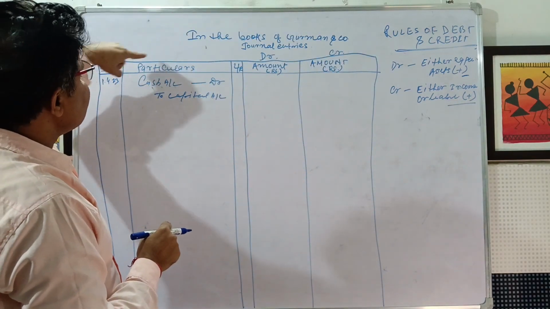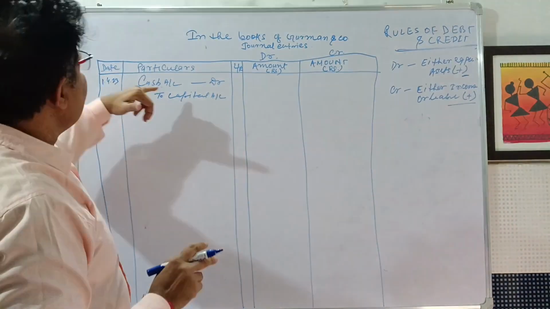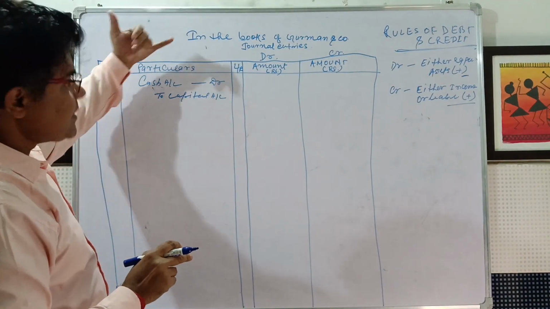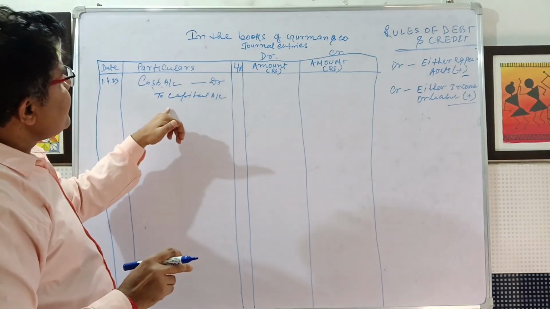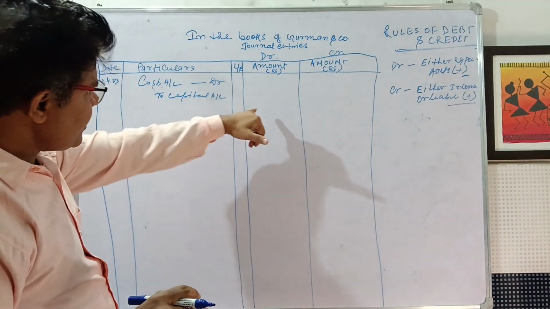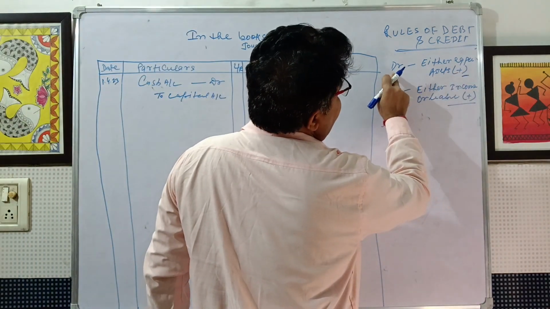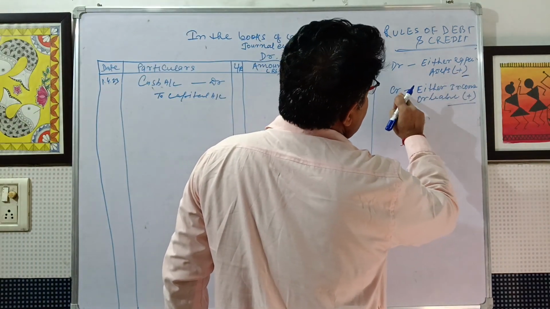In this transaction there are two aspects. The first is that the asset cash increases, and the second is that the liability increases. It means the capital account is credited. If an asset increases, then debit. If a liability increases, then credit.